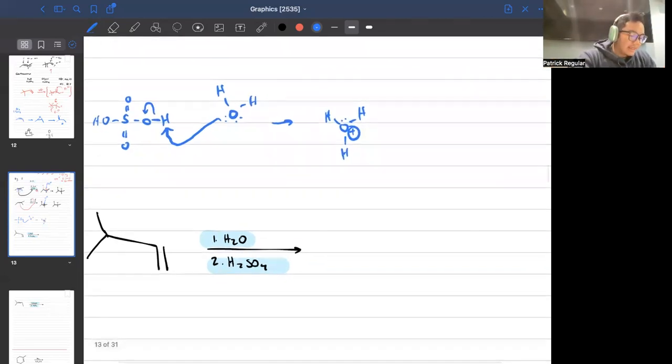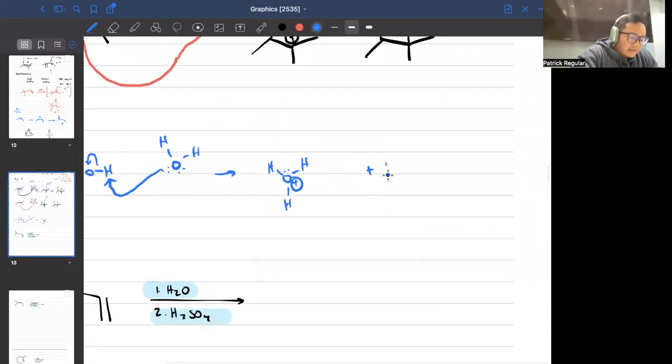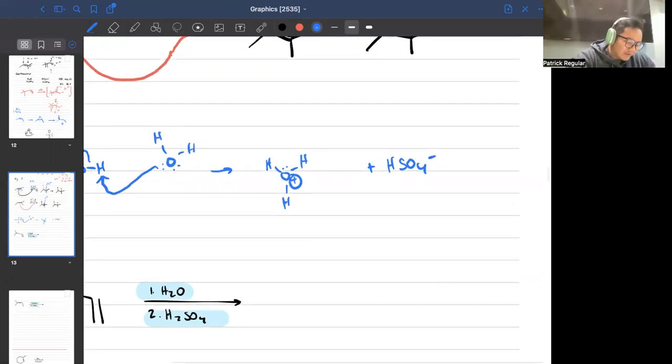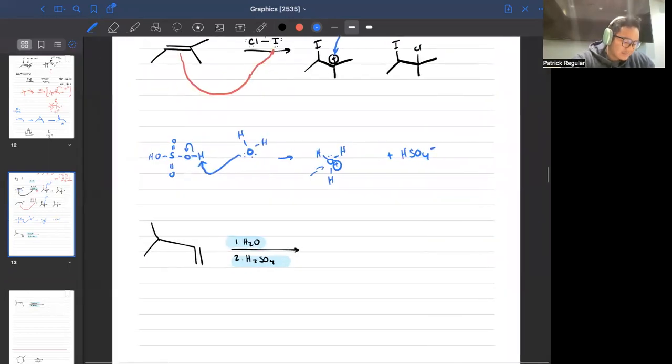Okay, and then you have HSO4 minus. Now the thing with sulfuric acid is that this HSO4 minus is a nucleophile. The moment we draw that as a product, just don't worry about it. Don't worry about it. And now we want to focus on that hydronium ion.